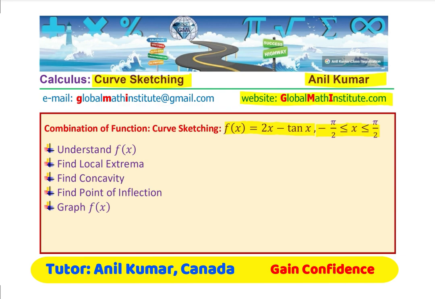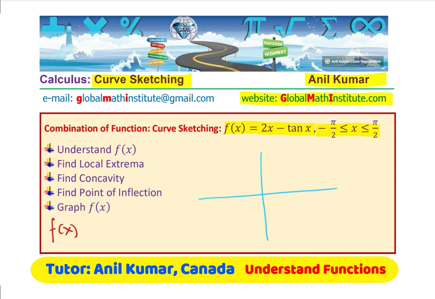Let us first try to understand the function itself. As you can see, we're talking about two different functions combined together. The function given to us is f of x equals 2x minus tan x, correct? So 2x is a straight line which goes through the origin, which is going to be kind of like this, right?